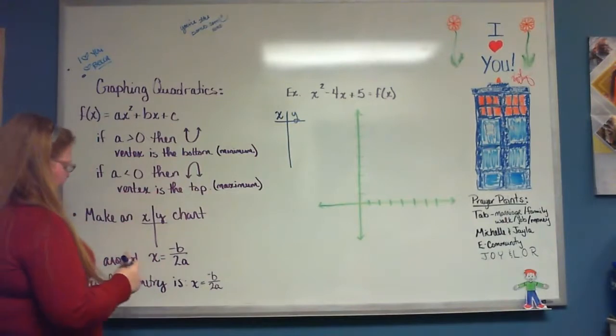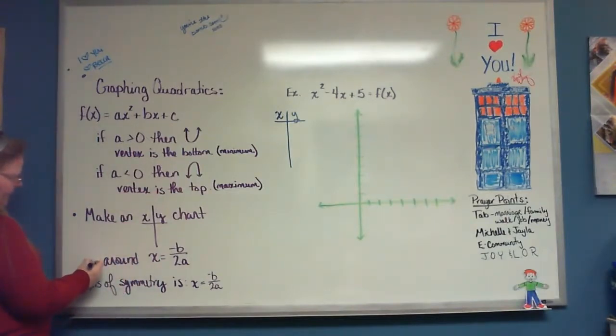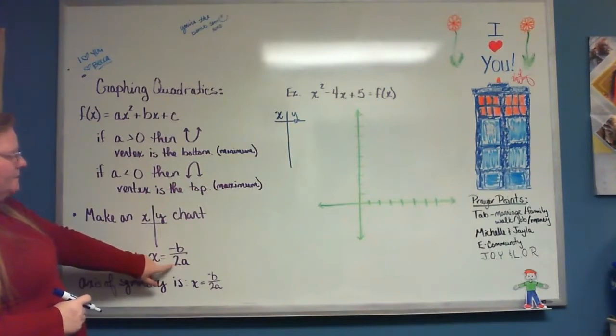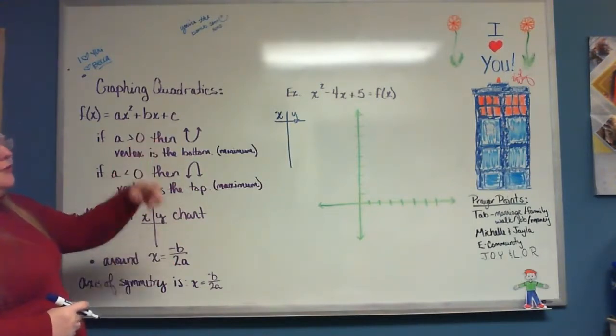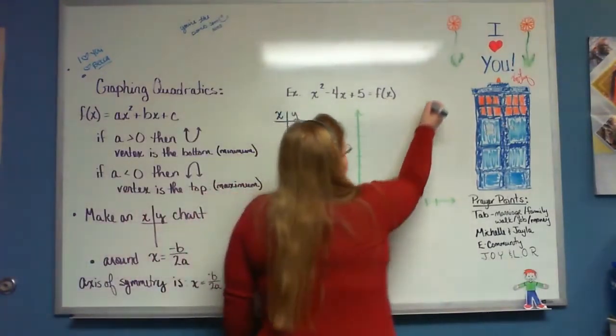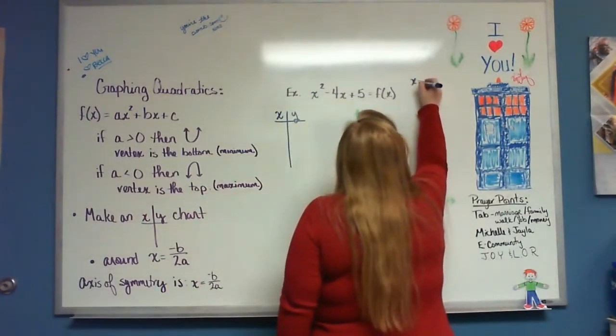But part of that is that I have to make sure that it is around this particular x, my negative b over 2a. That's the best place to start whenever you're graphing any quadratic. So I'm going to come over here and figure out what negative b over 2a would be.